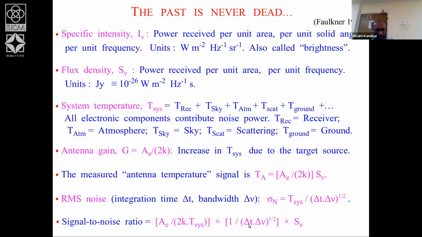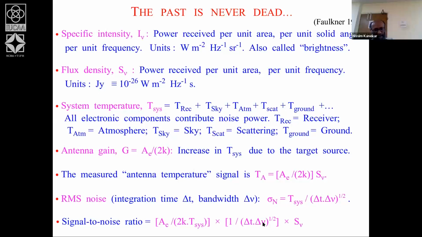So for example, I could observe for longer, and that would improve my signal to noise ratio, but it only goes like delta t to the power minus half. And I could use, for continuum observations, a larger bandwidth, and that will again improve my signal to noise ratio. For pulsar observations, I could use a broader bandwidth. For spectral line observations, unfortunately, your delta nu is going to be limited by the line width.